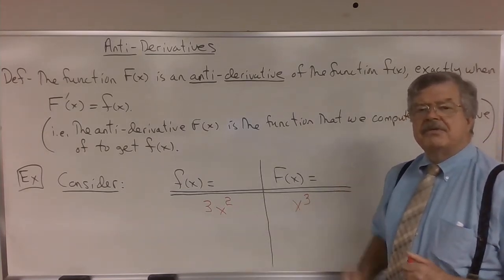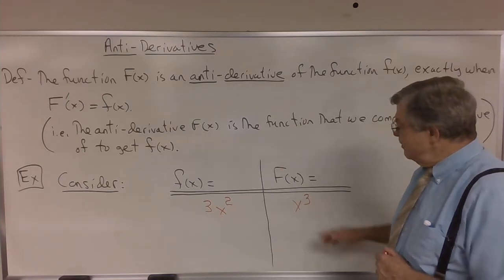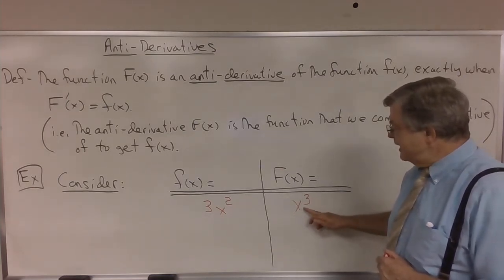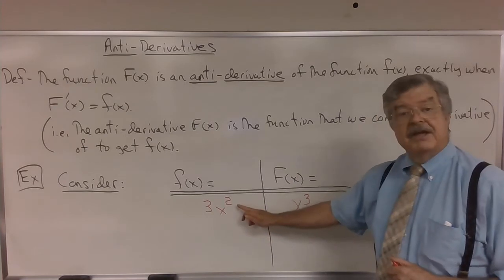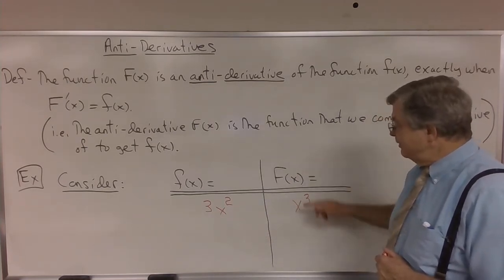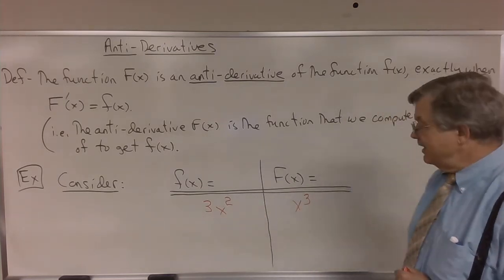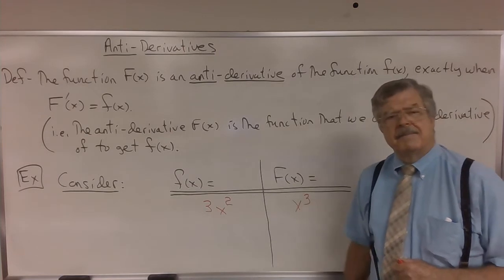If we do, that ought to make sense, because the derivative of x cubed is 3x squared. So capital F of x equals x cubed should be the antiderivative of 3x squared.